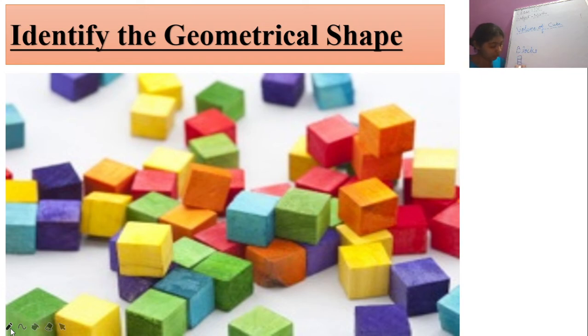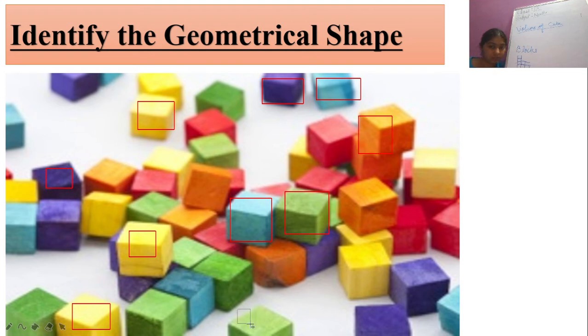So which kind of geometrical shape do you find here? Basically we have cubes, right? Everywhere we can see different colored cubes in the picture: green, purple, red, orange, blue. So these are all different cubes with different colors, but the sizes remain the same for all, right?